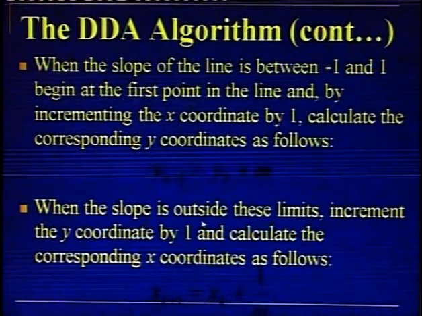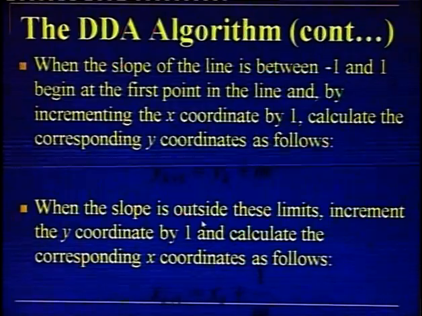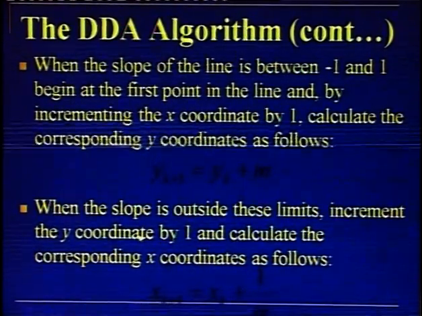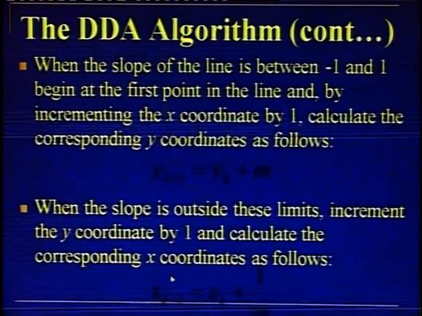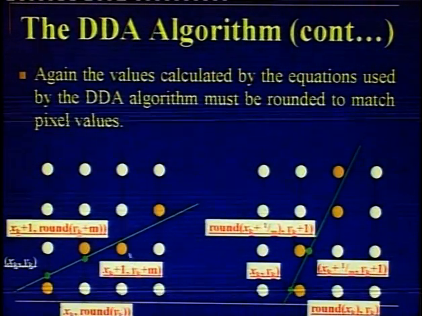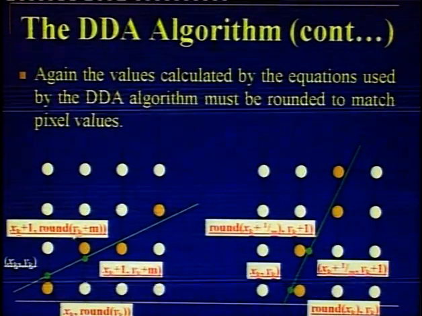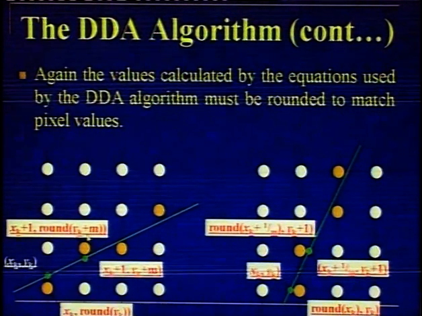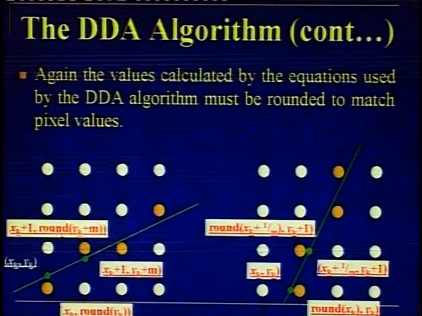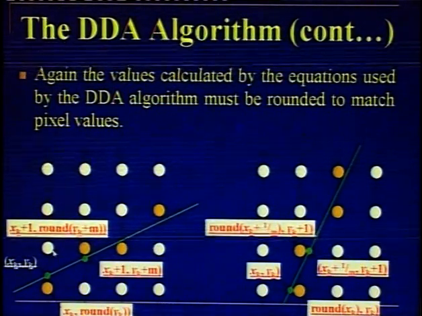When the slope is outside these limits, -1 and 1, increment the y coordinate by 1 and calculate the corresponding x coordinate with this equation. Wherever needed, the calculated values may be rounded off to the next integer or the integer below.